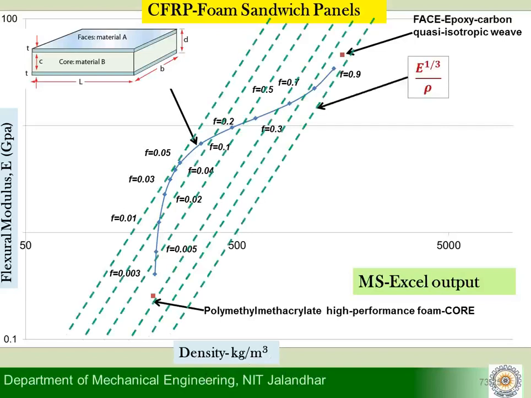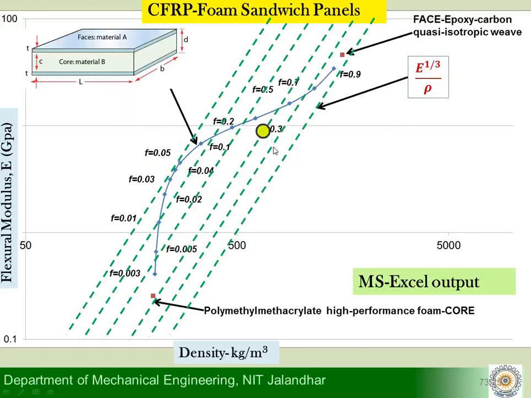What I observe here is that when I plot the material index, that is third root E by rho, which is the material selection index for selecting materials for panels, if you recall our discussion earlier in the class, accordingly the best materials are available to us this way, in this direction.